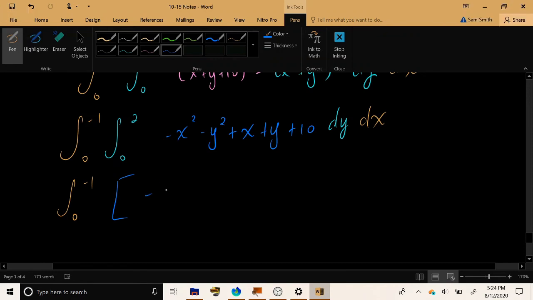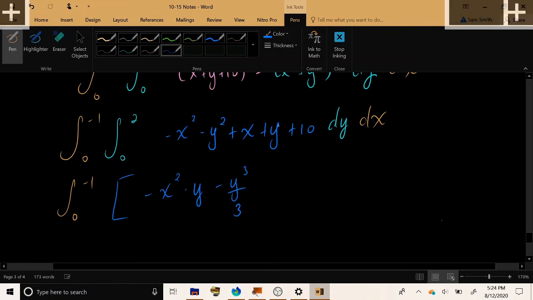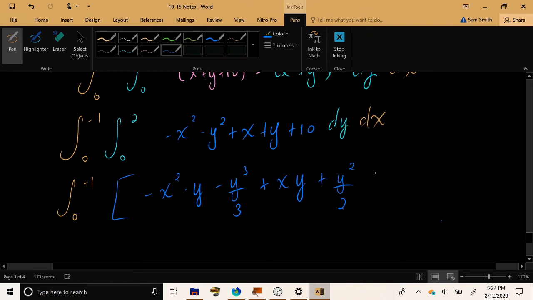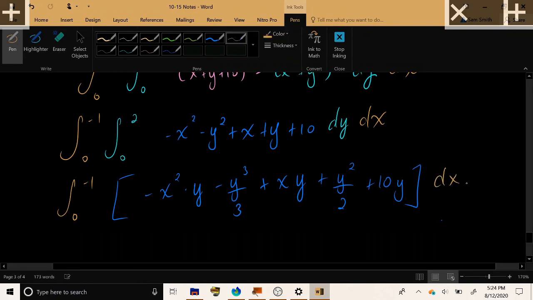Treating x as a constant, we have negative x squared times y, then power rule, negative y cubed over 3, x is a constant, so plus x times y, power rule, y squared over 2, and then 10 is a constant, 10y dx.